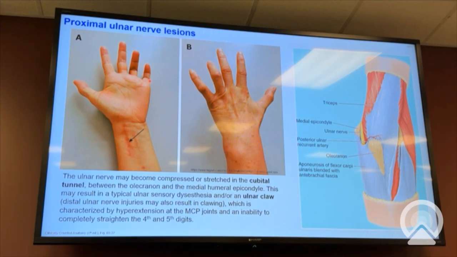Extending the digits is where you might go, and that's a pretty good answer. What it actually does, if you were able to fire extensor digitorum all by itself, is make a claw like this. You need lumbricals to do that. It's an intrinsic hand function. So getting from here to here, you need lumbricals.